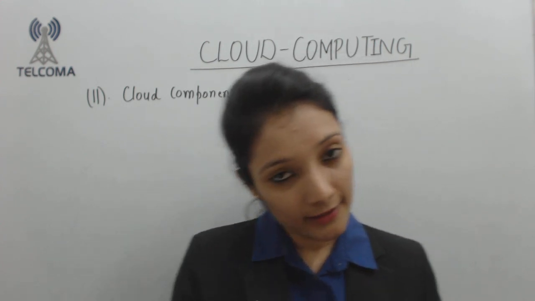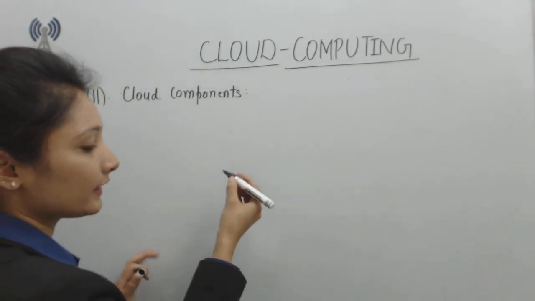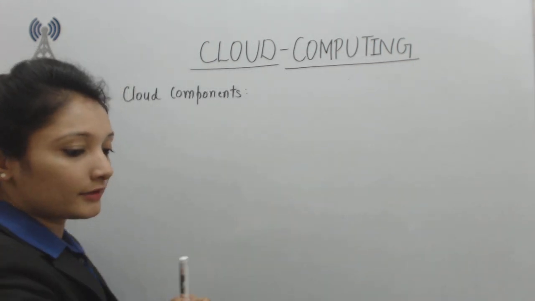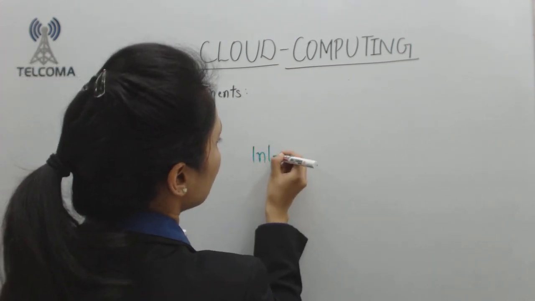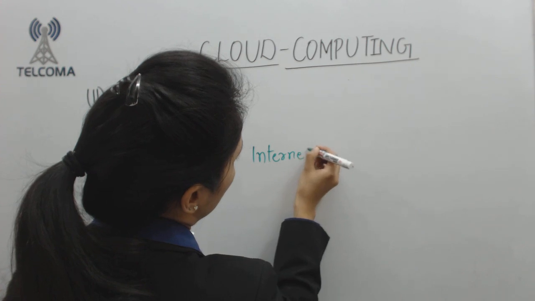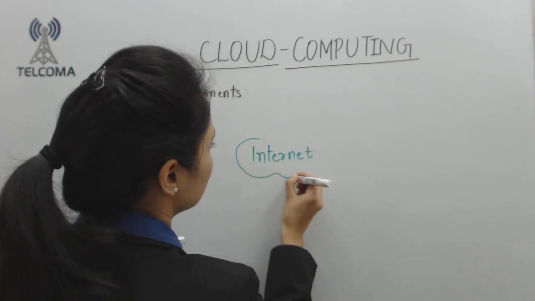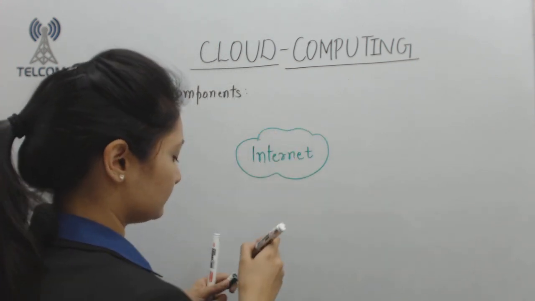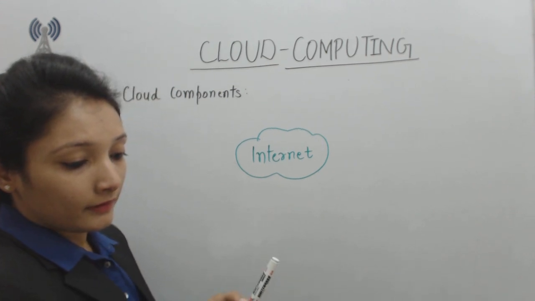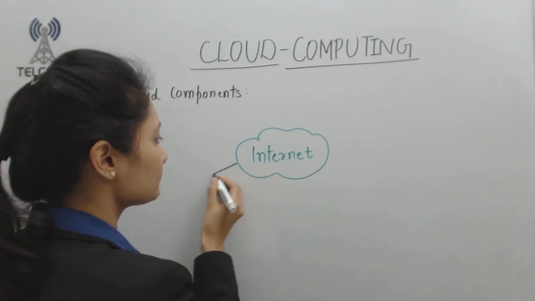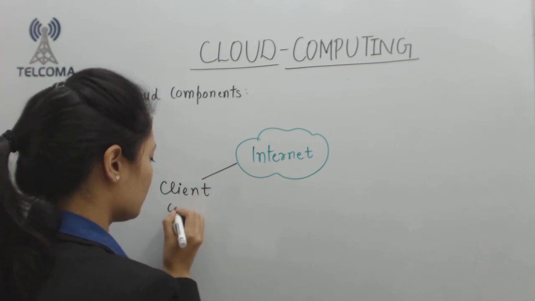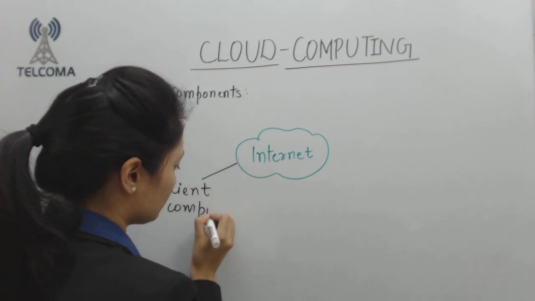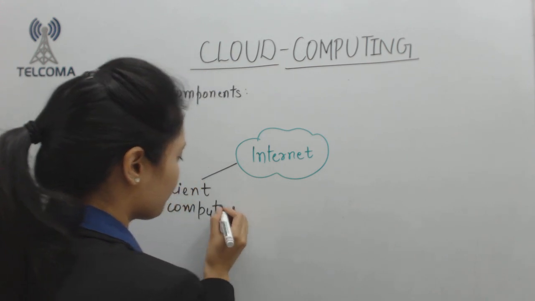So we will see the various components. First of all, we have the internet. So we have the client computers.